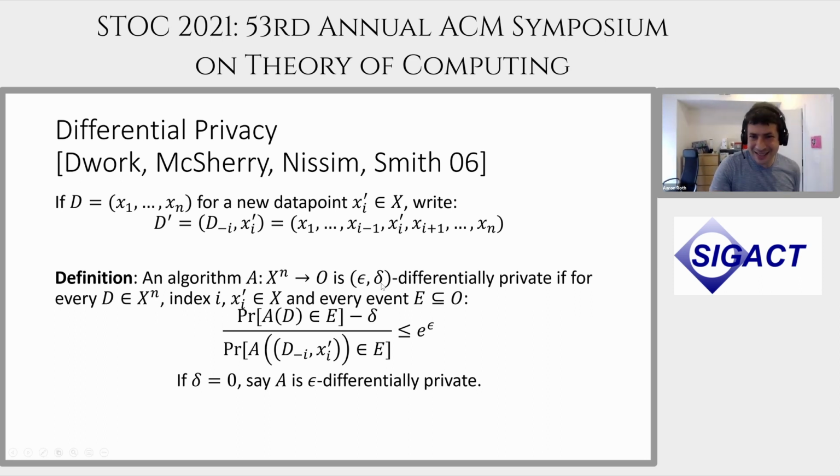And if delta is 0, we'll call this epsilon differential privacy, and it's really just bounding the odds ratio, the relative probability of this event under the experiment when I run it on D versus the experiment when I run it on D prime. And sometimes we'll allow a delta, which is just this small additive correction here.